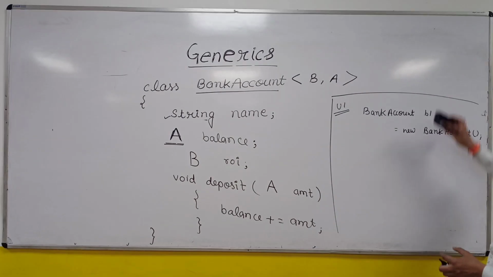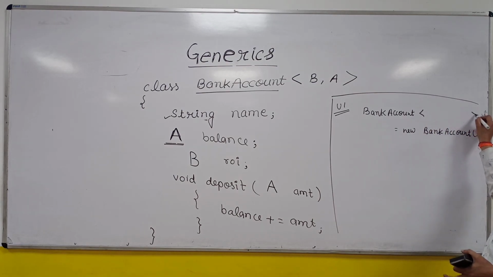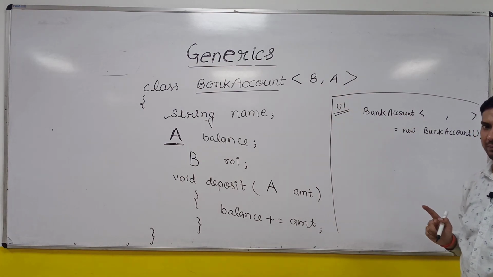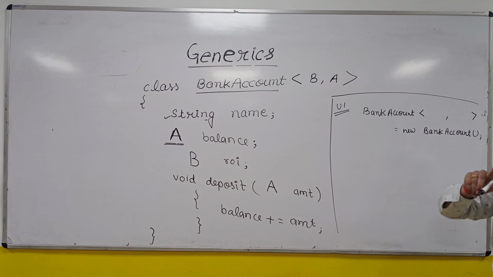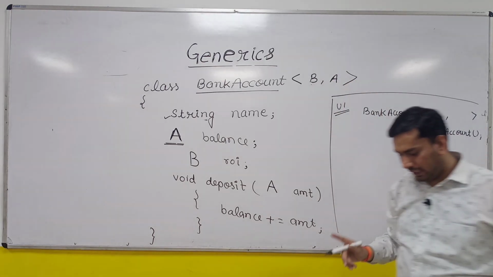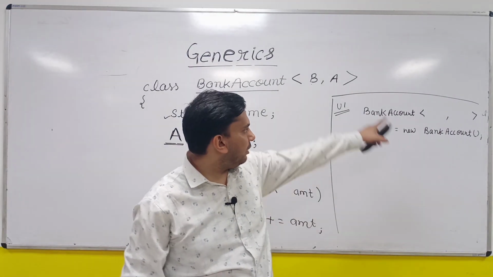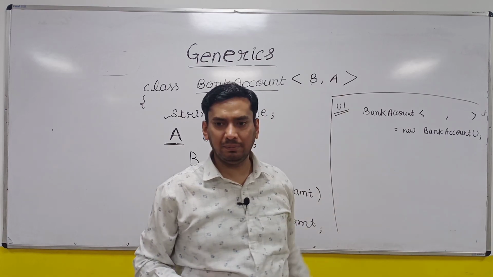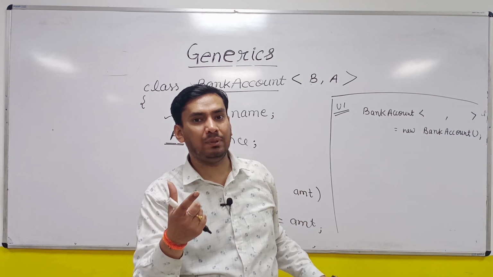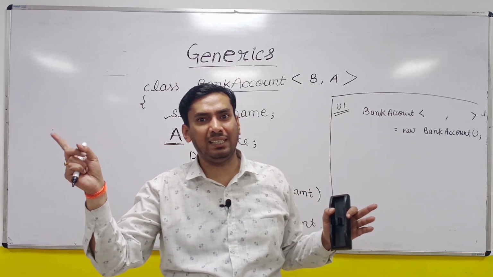So for example, how do you specify? You will have to use the angular bracket here, and here you have to give the two parameters in the same order. Now one more important thing, that every type parameter is always replaced by the class type. It cannot be replaced by int and double, right? It can be replaced only by the class type. And you know that for every primitive data type there is a class, a wrapper class, right?